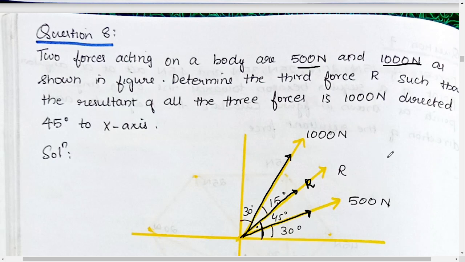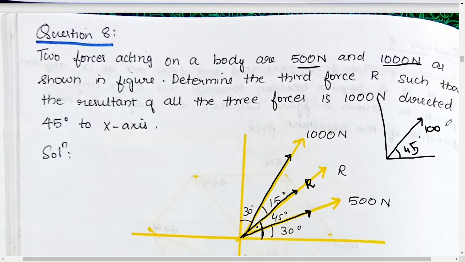So there is a 1000 Newton force like this, which is the resultant of all the three forces, and it is at 45 degree to x-axis. Okay. Now we have the value of R and the value of alpha.